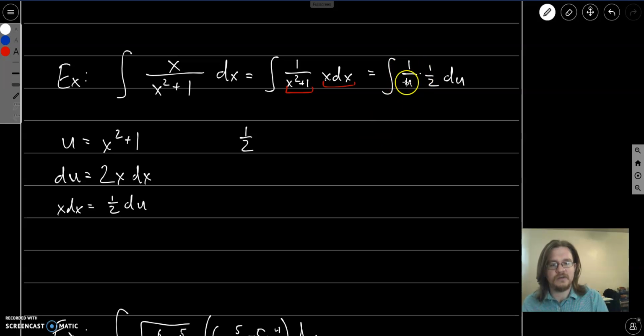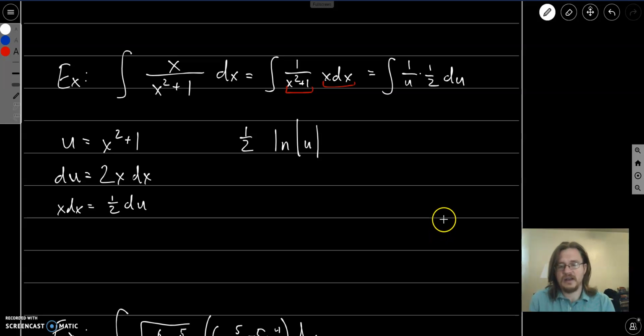And the antiderivative of 1 over u is the natural log of the absolute value of u. And that's just something that we have to remember. 1 over x, the integral is going to be the natural log of the absolute value of x. The integral of 1 over u is going to be the natural log of the absolute value of u.